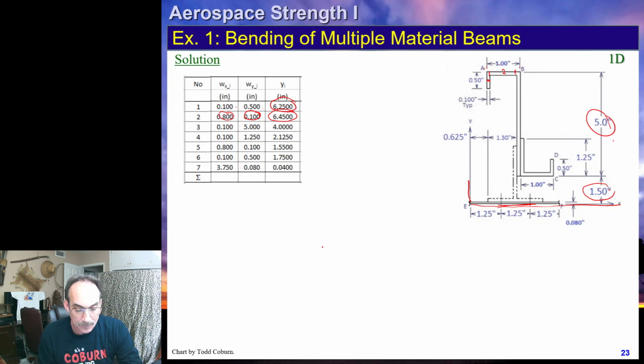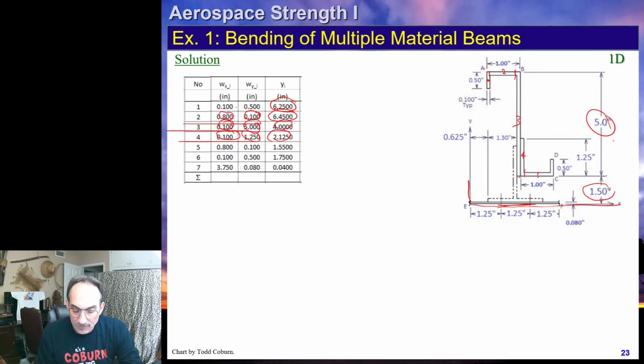Our third element goes from here down to here. That looks like it is 5 inches tall, 0.1 inches wide, and it's located at 1.5 plus 5 over 2. Our next element, 4, goes from there to there. That means it's 1.25 inches tall, 0.1 inches wide, and its y bar is at 1.5 plus 1.25 over 2.